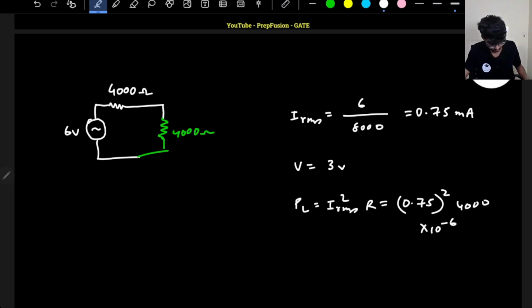So this will be 0.75 whole square into 4, that is 2.25 milliwatts. This is the power consumed in the load.